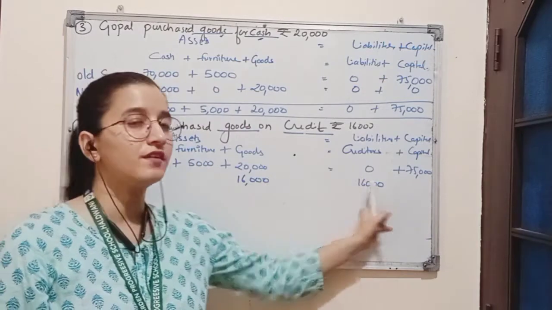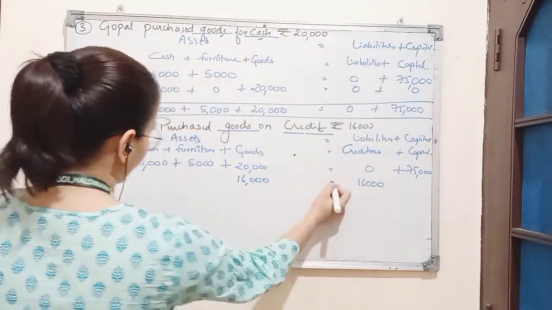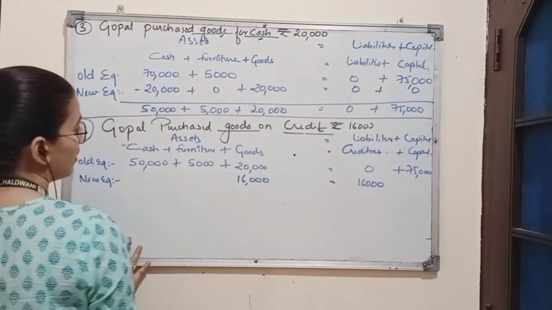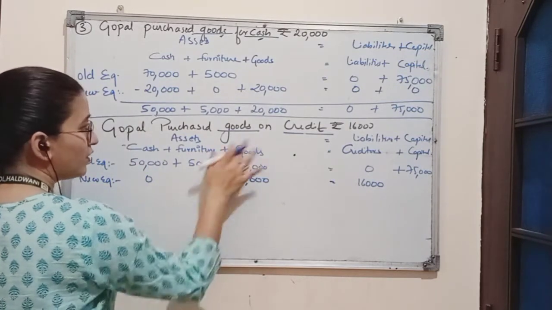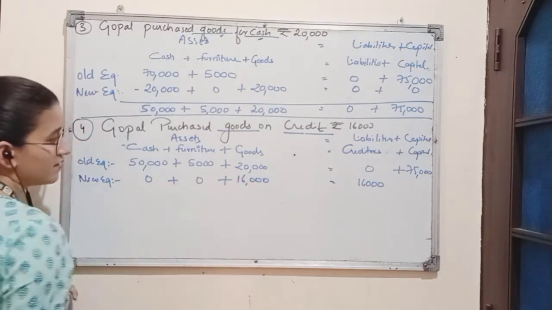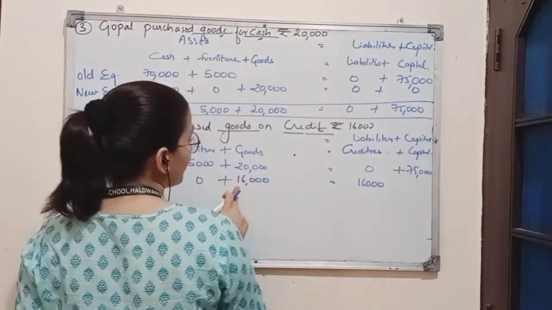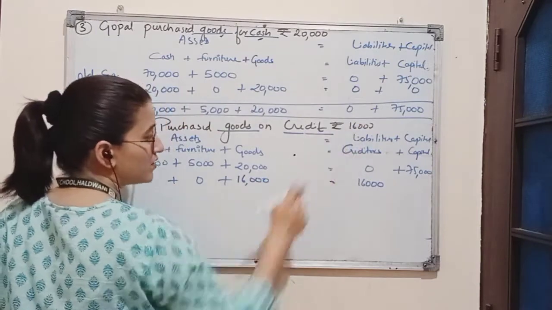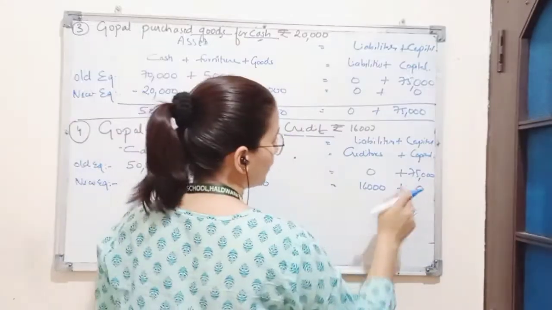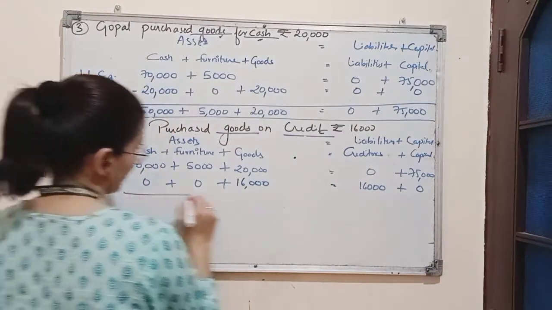The equation here is balanced. This is the new equation. No amount of cash is being affected in this transaction. No furnitures. Goods which was affected, we will increase the goods with this amount. Creditors is 16,000. No effect on capital in this transaction.